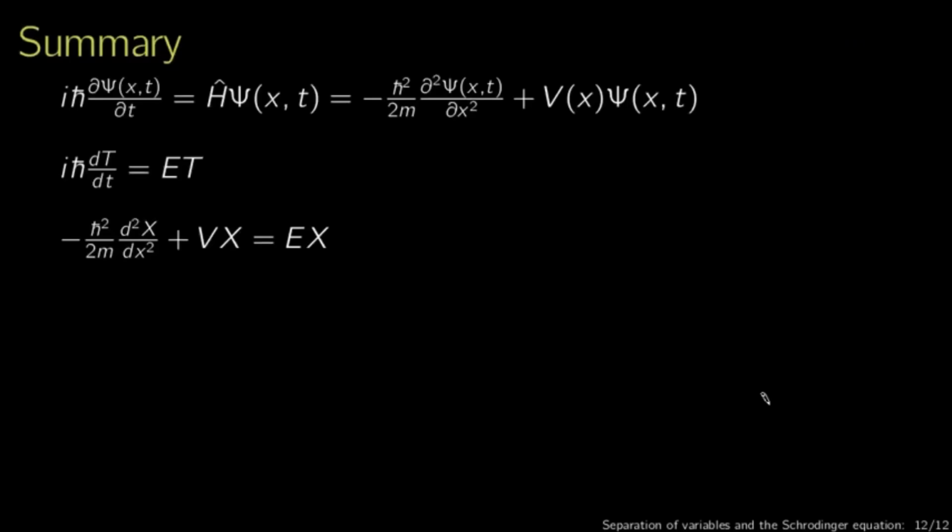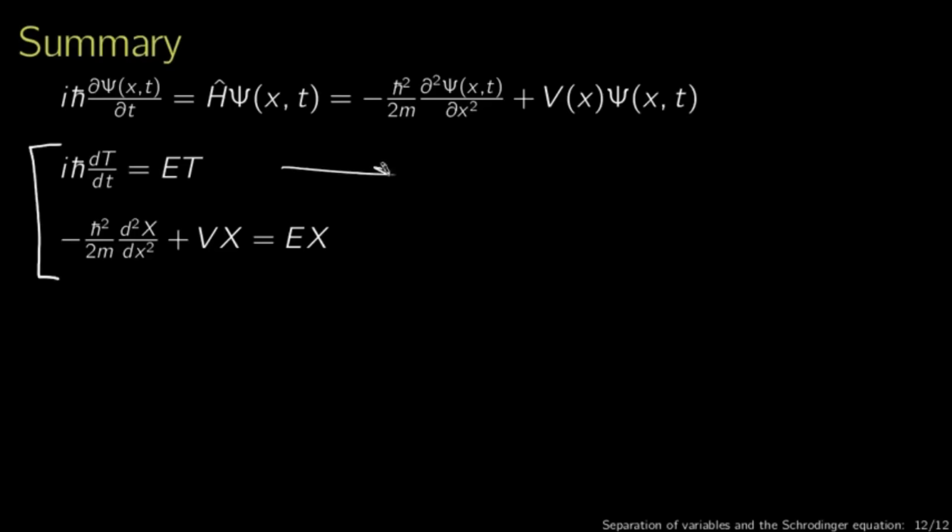To summarize what we've said so far, starting with the Schrödinger equation, which is this: time derivatives with complex parts in terms of Hamiltonians and wave functions, gives you this, substituting in the actual definition of the Hamiltonian, including a potential V. And applying separation of variables gets us this pair of ordinary differential equations.